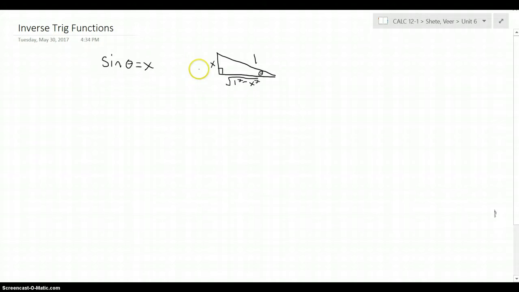So now you're probably wondering as to how this helps to actually find our sine inverse of x. Well, as we know, the inverse of any function is simply when you are switching the range and domain.